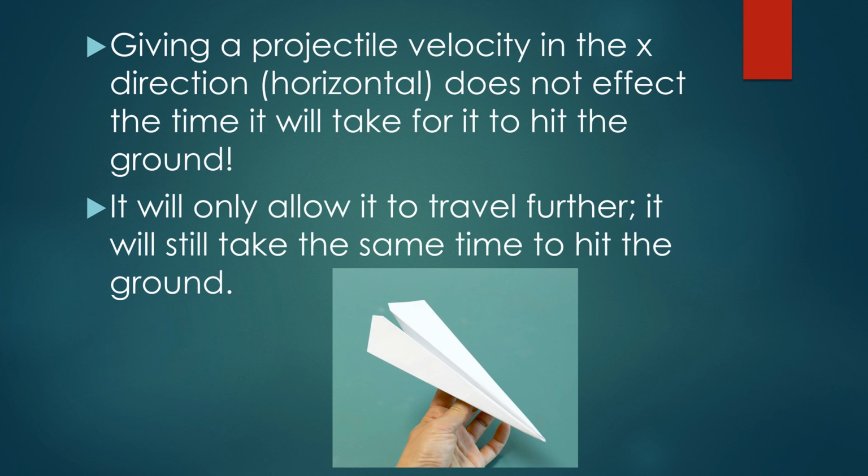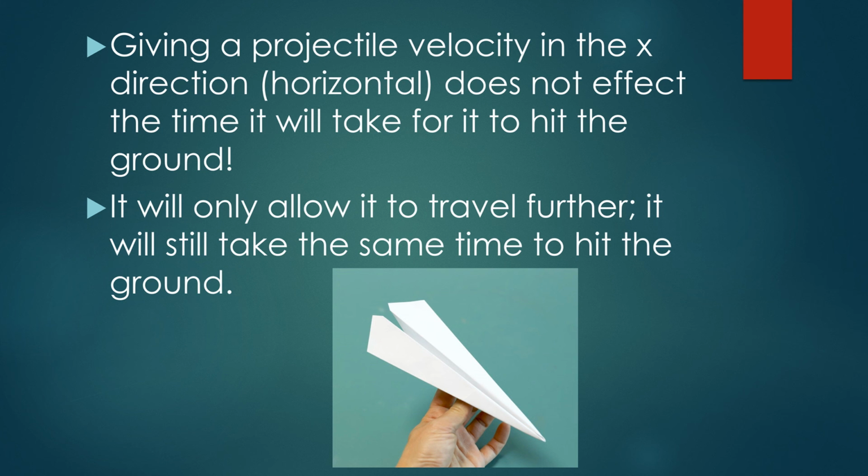If you do them both at the exact same time, from the exact same height, they will both reach the ground at the same time. That's kind of mind-blowing, but it's true. It'll only allow it to travel further. It will still take the same time to hit the ground.